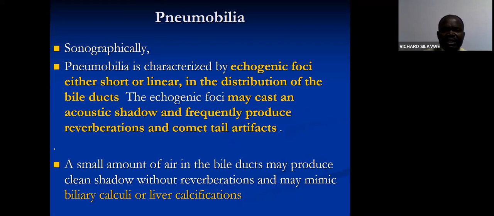The echogenic foci may cast an acoustic shadow and frequently produce reverberations and comet tail artifact. We know this artifact. A small amount of air in the bile duct may produce clean shadow without reverberation and may mimic biliary calculi or liver calcification.